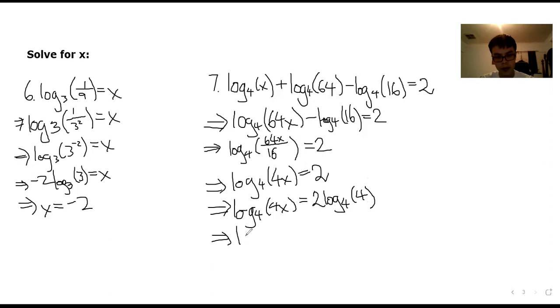So that's going to be log base 4 and then in brackets 4 squared, which is just going to be 16.